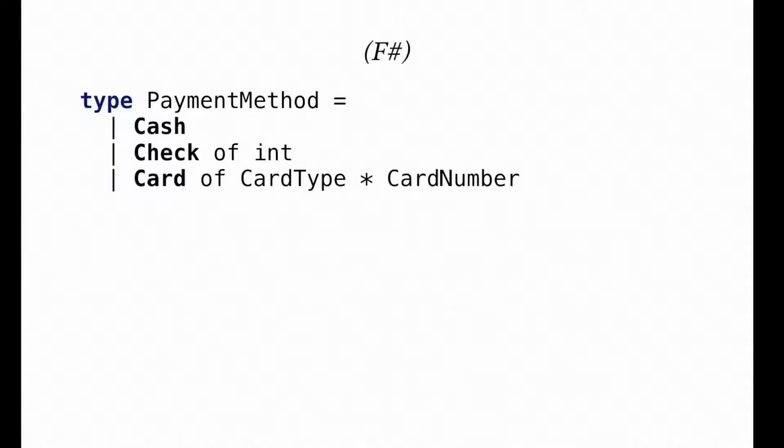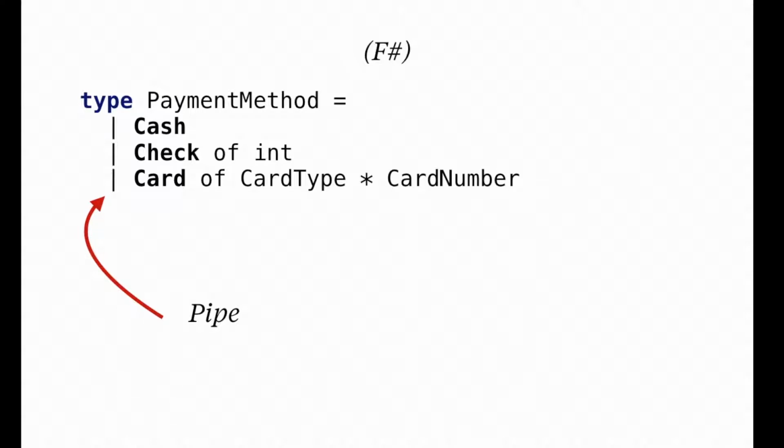This is an F# type definition for a payment method. It's got three possibilities. One, a cash, two, a check with a check number, and three, a card with any combination of a card type and a card number. Now, you don't have to know F# syntax again, but just note the pipe operator. That's how F# defines a composition of types.